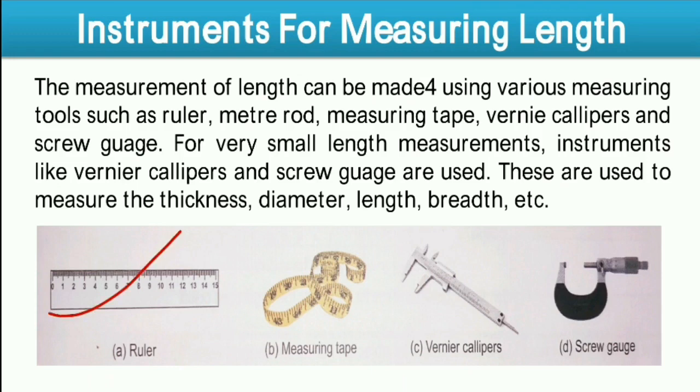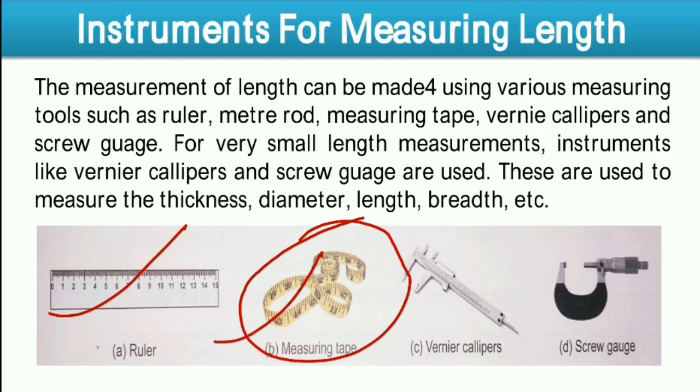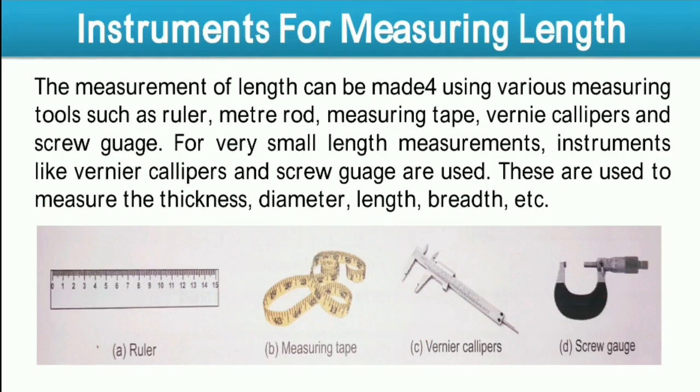A ruler we use to measure the length of a line segment, etc. A measuring tape is also used in our house, by the tailor, and by the shopkeeper who sells cloth. And vernier calipers and screw gauge are also used to measure the length of smaller objects. These you can see in your laboratory, where they are used.